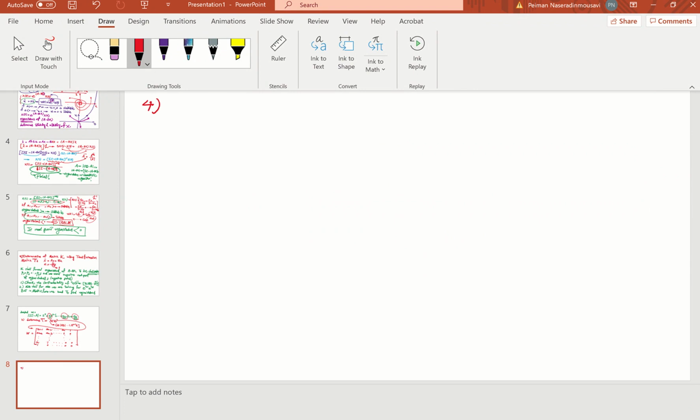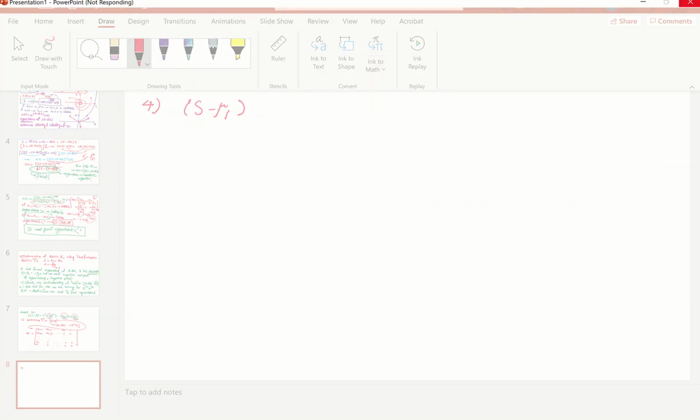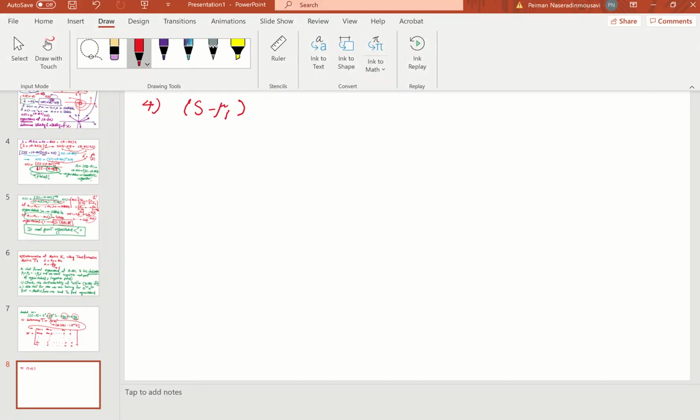And after that, step 4, to determine the gain matrix, you say (s minus mu1), desirable eigenvalues or desirable poles. Okay, come on. Oh, it's freezing. This is what you want to have as desirable pole eigenvalues. (s minus mu2) up to (s minus mu_n).